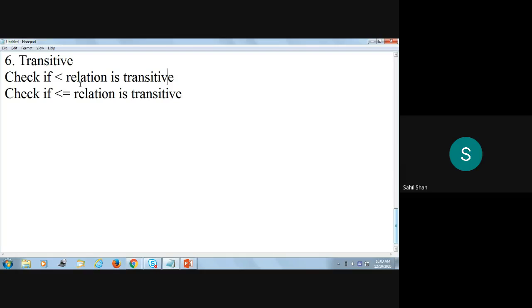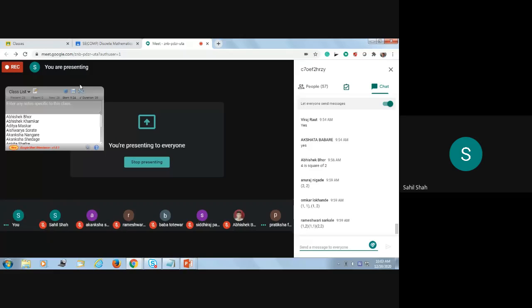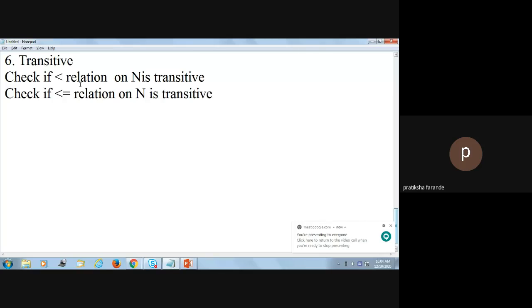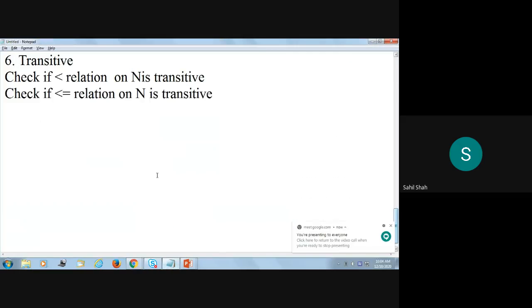Again, you would ask me where this relation is, on N. Out of these, which one will be transitive? Can you tell? First one is transitive. That you are saying wrong. I will say it is wrong.